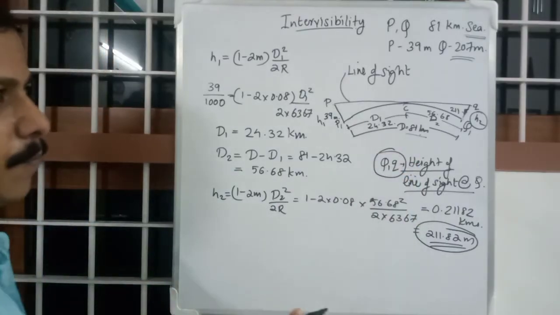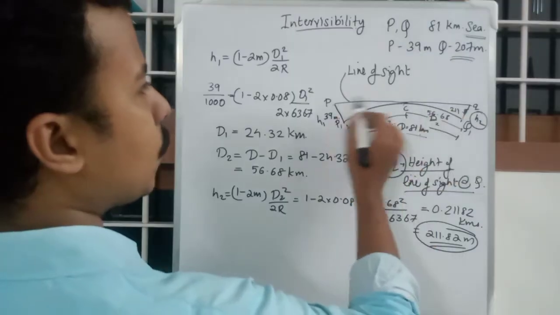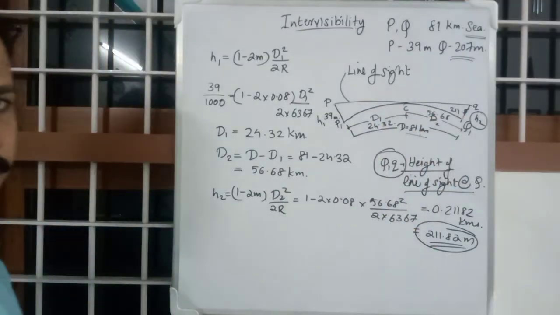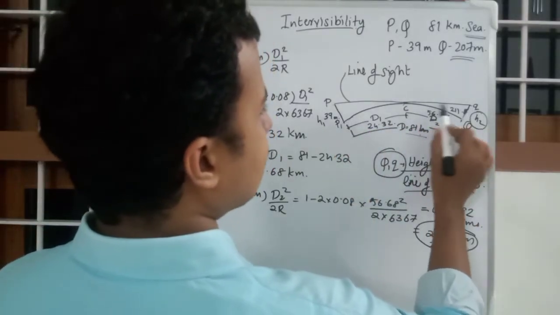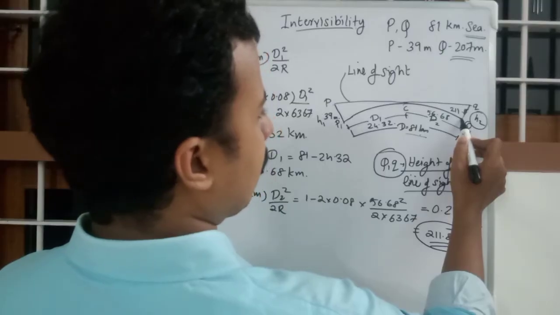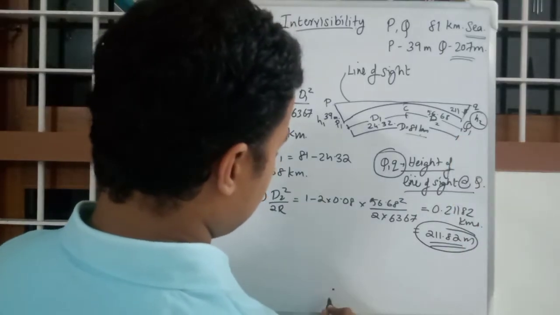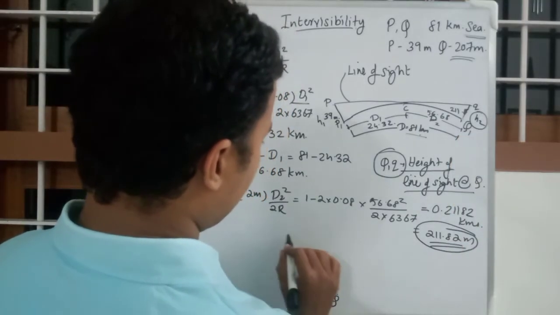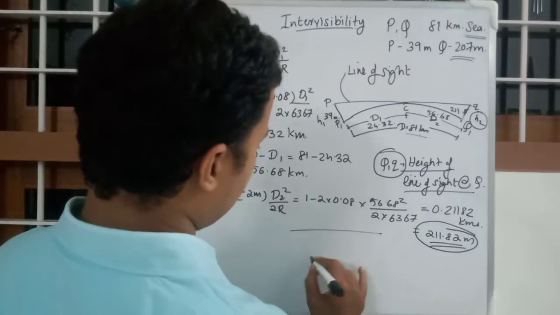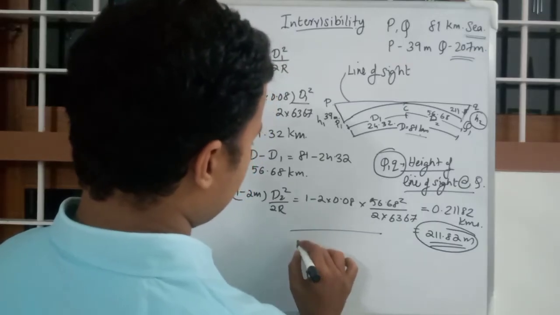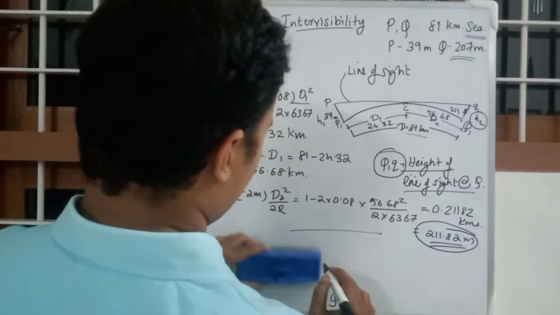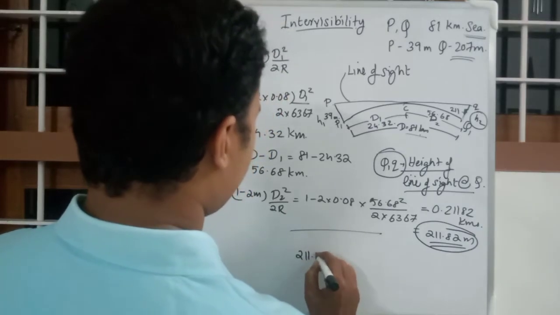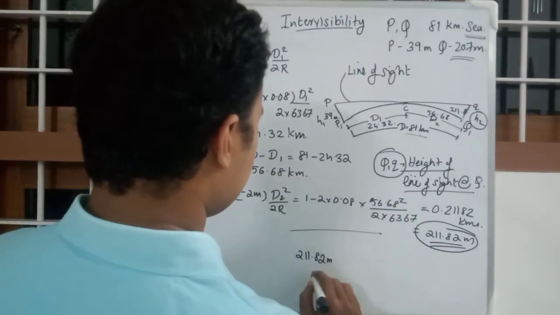So how do you know P and Q are intervisible or not? The line of sight is passing through Q at the height of H2, that is 211.82 meters.